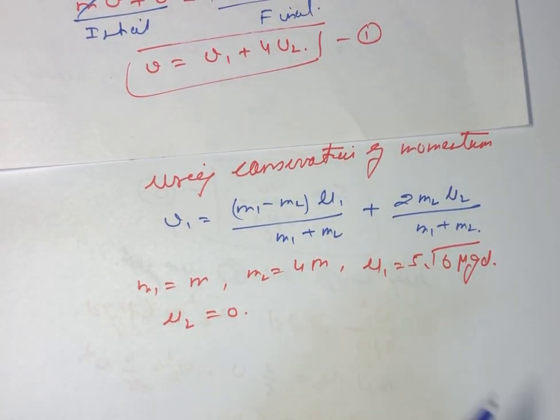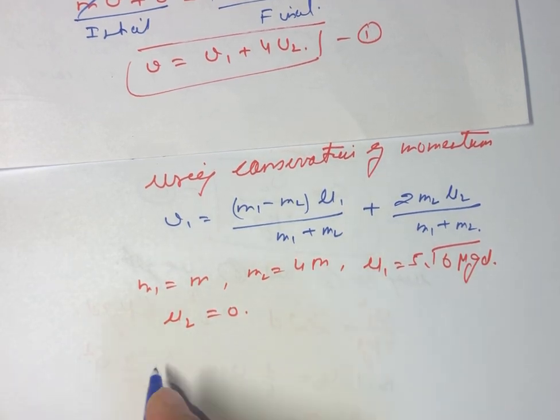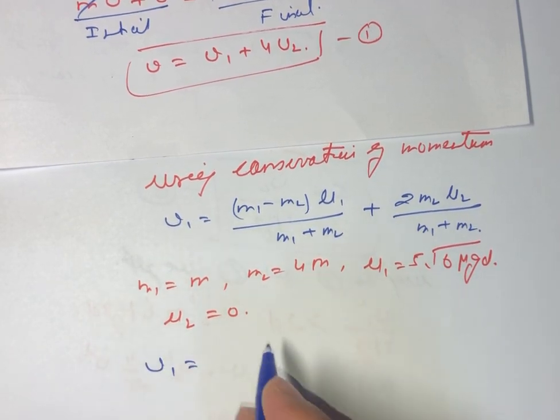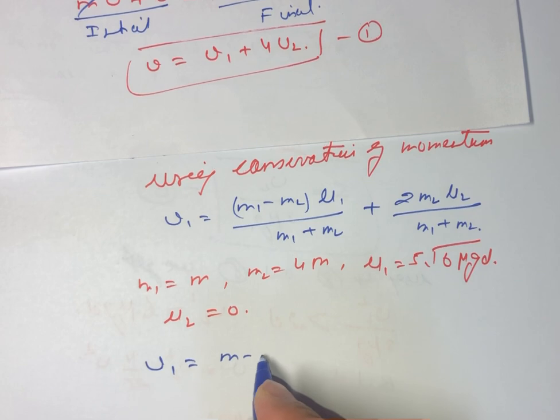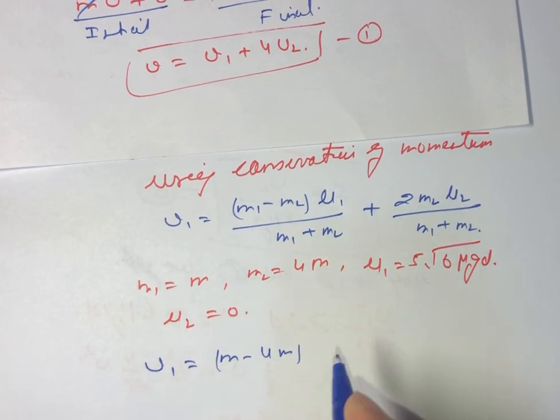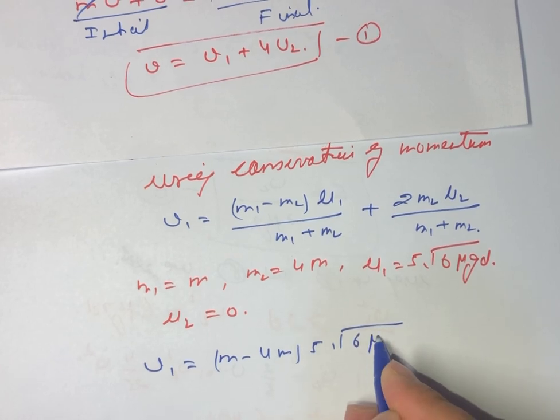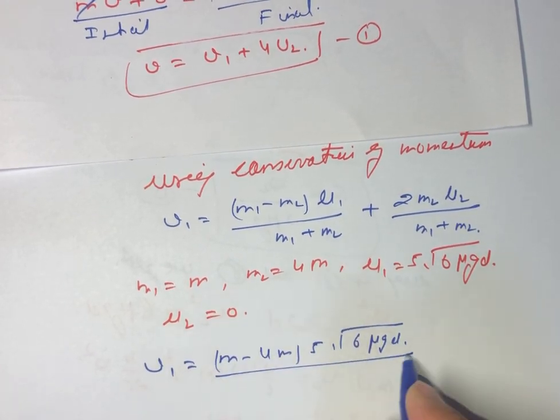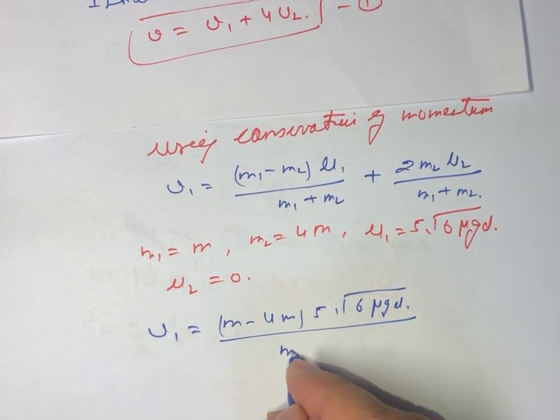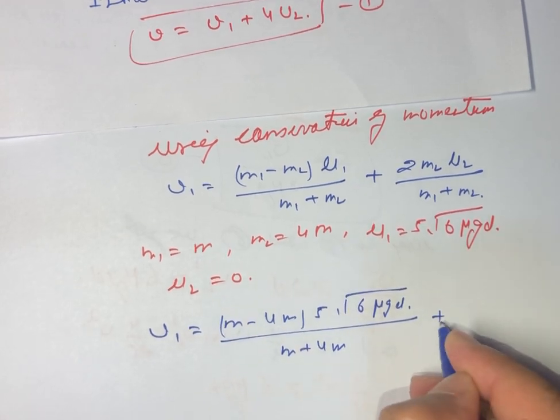We substitute these values, we get v1 is equal to (m minus 4m) times 5 root of 6 mu gd divided by (m plus 4m) plus 0.